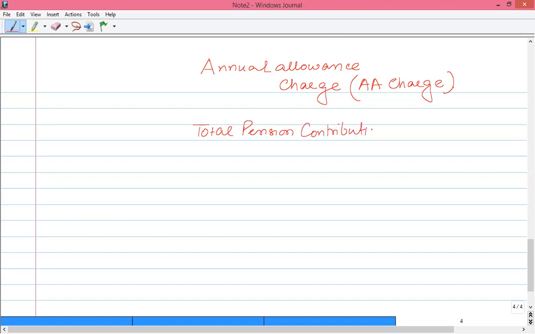Say suppose total contribution is 60,000 and your annual allowance is only 40,000, then this excess would attract an annual allowance charge. So we have a tax charge on 20,000.